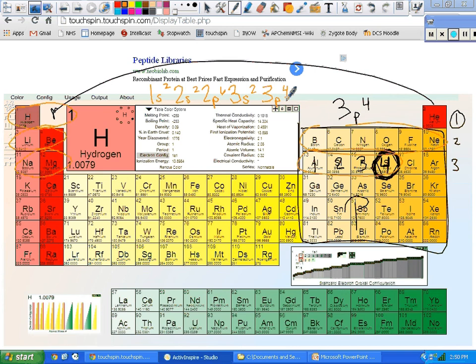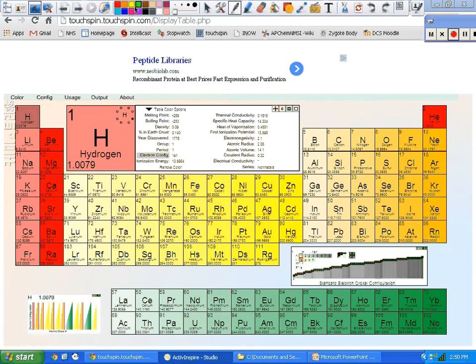Now, just to make a point of emphasis, the very last one we're going to stop at is right here. This is the last value that you're going to be responsible for, and that value is 6s2. So everything from here after is out.